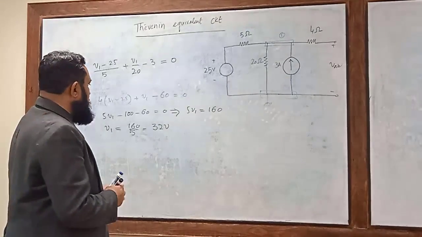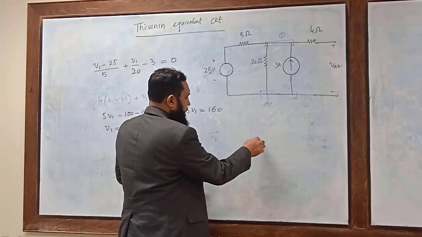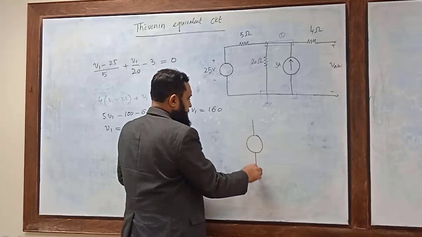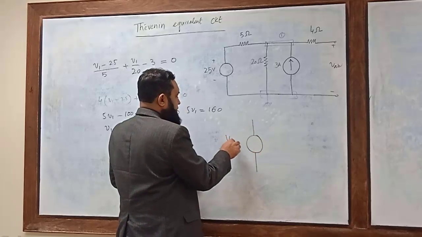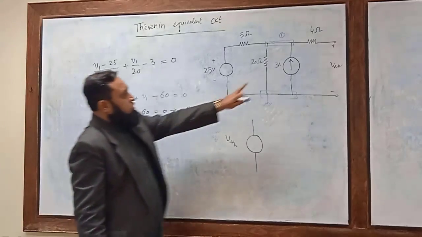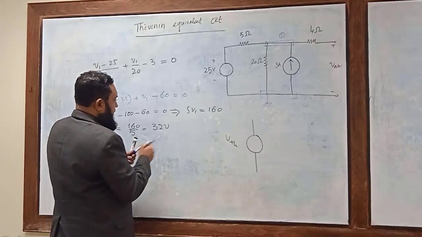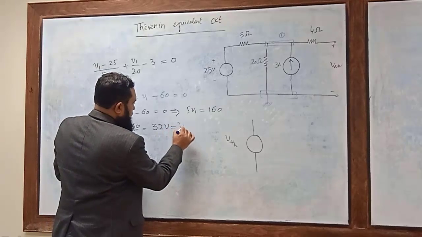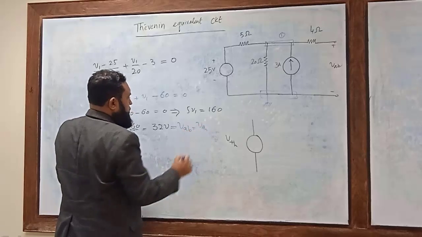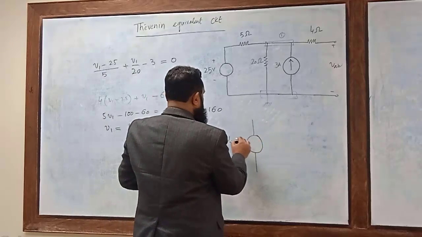Okay, so we found the Thevenin voltage, which is equal to 32, because V1 is equal to VAB. So we can simply write VAB, which is equal to VTH. So this is 32 volt.